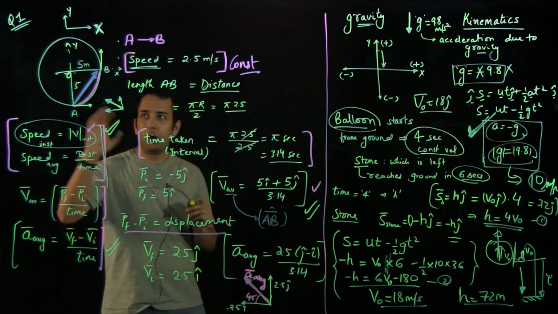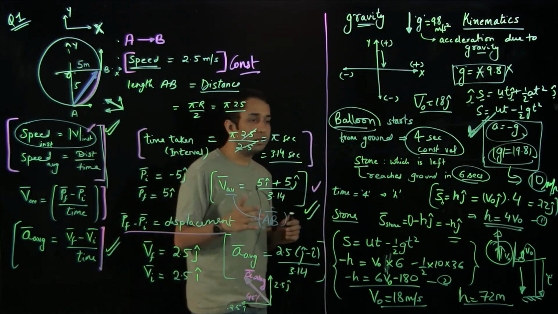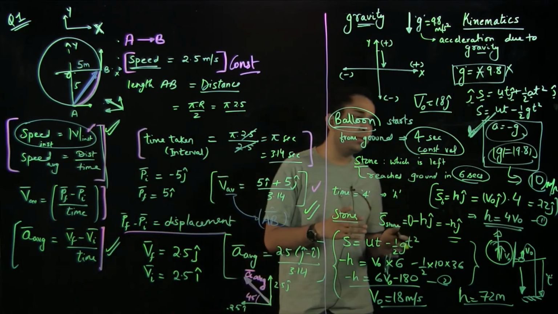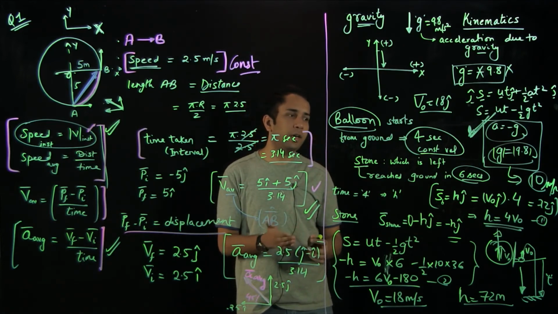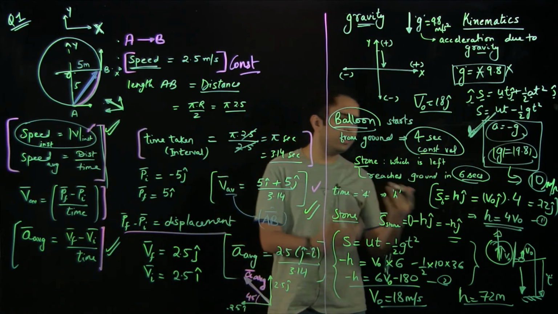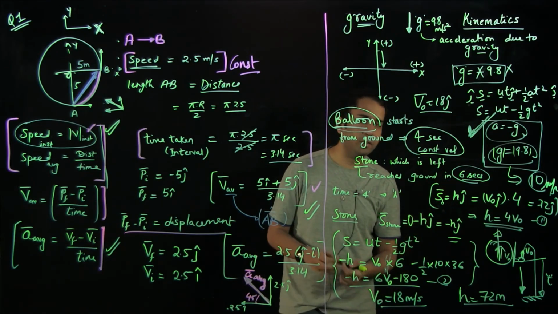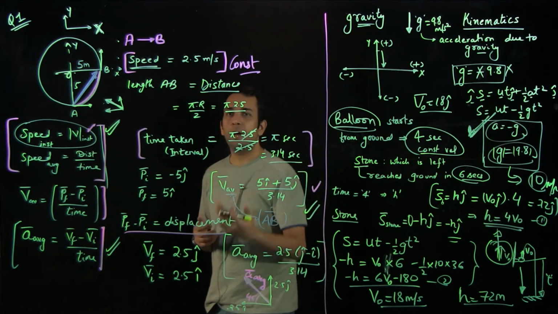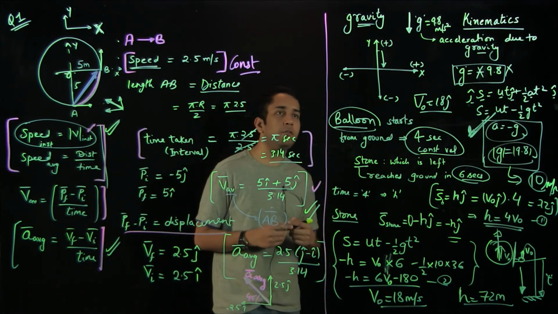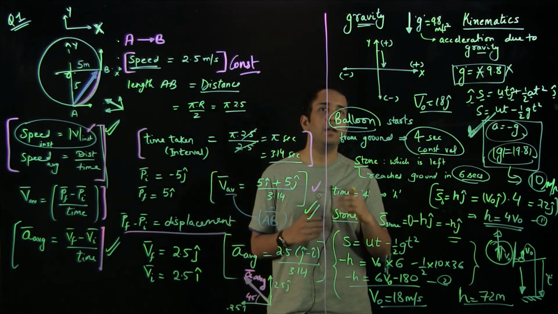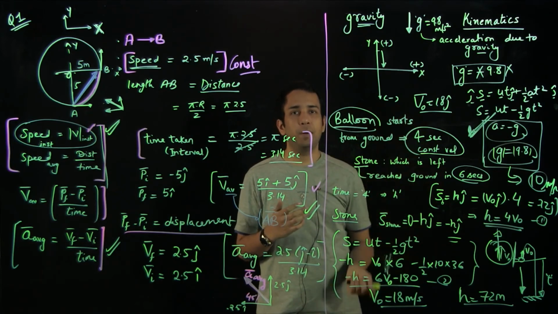Because all displacements, positions, velocities and accelerations are vectors, we need to specify the direction. But because we are only dealing in one direction at a time, we generally just leave out the j cap or i cap symbol so that we can continue in a simpler fashion. In the next part of the chapter, or maybe the next chapter, we will be discussing 2D motion, in which we would be considering the motion of a ball or anything in both directions simultaneously.